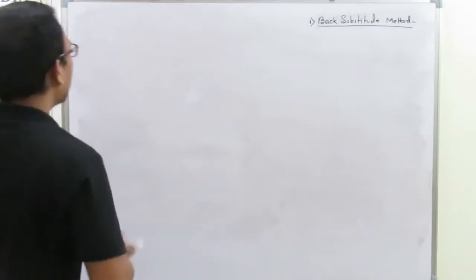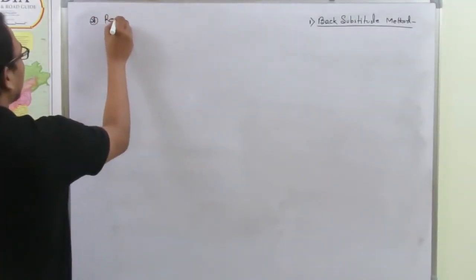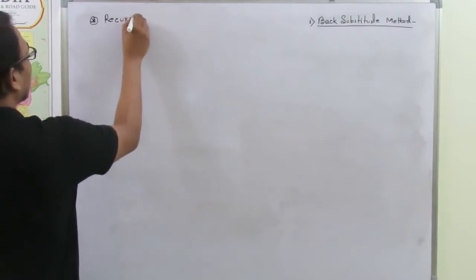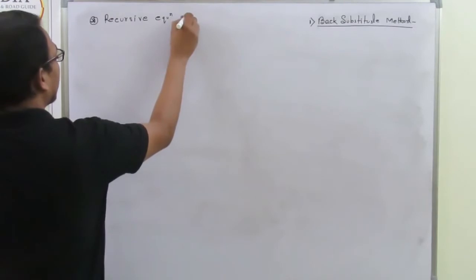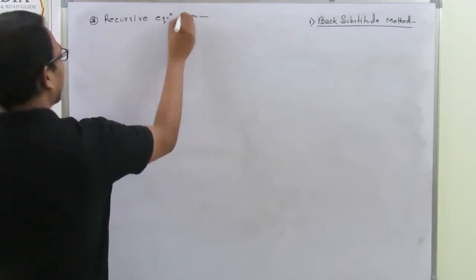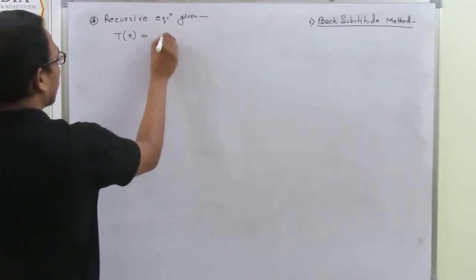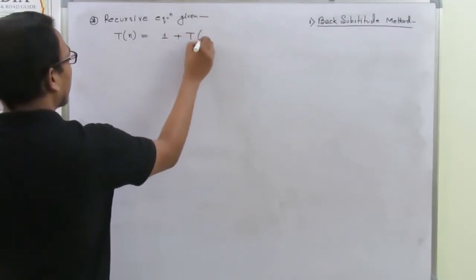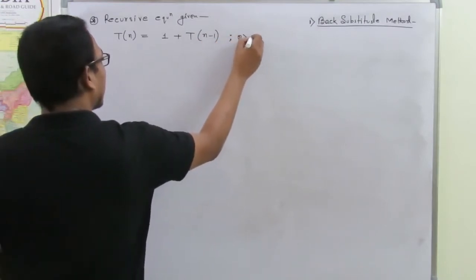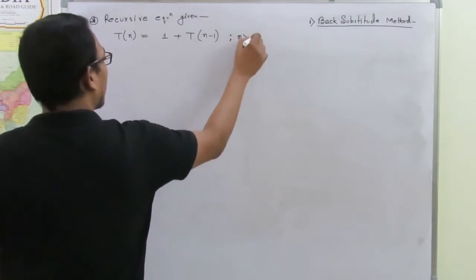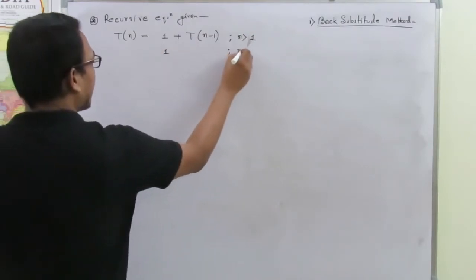So let's say a recursive equation is given as t of n equal to 1 plus t of n minus 1 for n greater than 1, and 1 when n equal to 1.